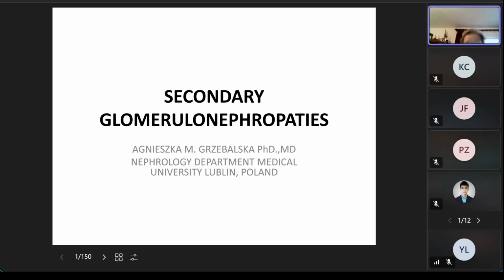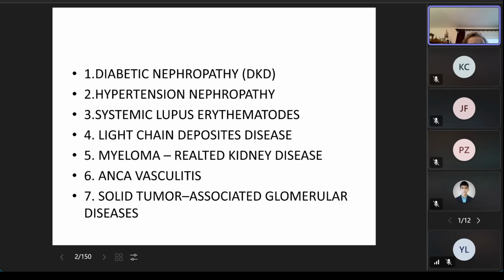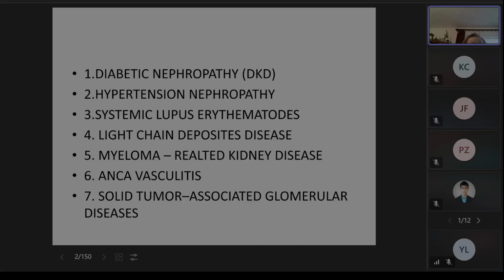First of all, I would like to tell you something about the most common pathological changes connected with secondary glomerulopathies, and this is diabetic nephropathy. I would also like to tell something about other secondary glomerulopathies, like, for example, hypertension nephropathy, systemic lupus erythematosus, and the light chain deposit disease.